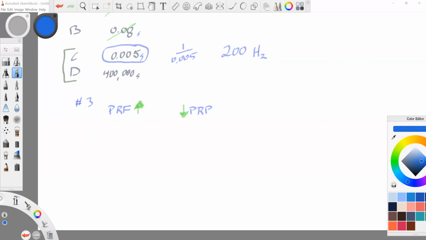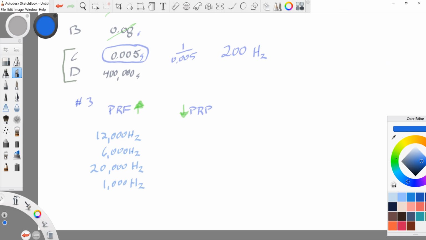So let's see. I'm just going to put 12 kilohertz, so that's 12,000 hertz, 6,000 hertz, 20 kilohertz is 20,000 hertz, and 1 kilohertz is 1,000 hertz.